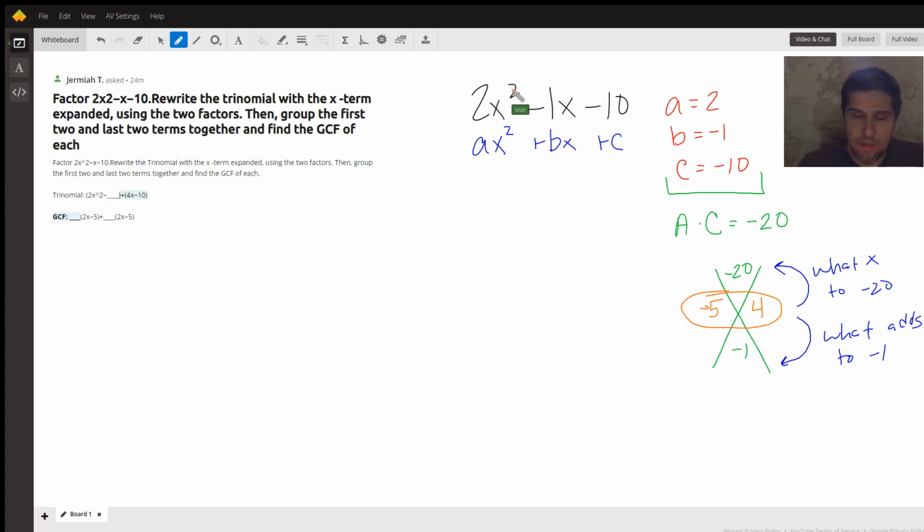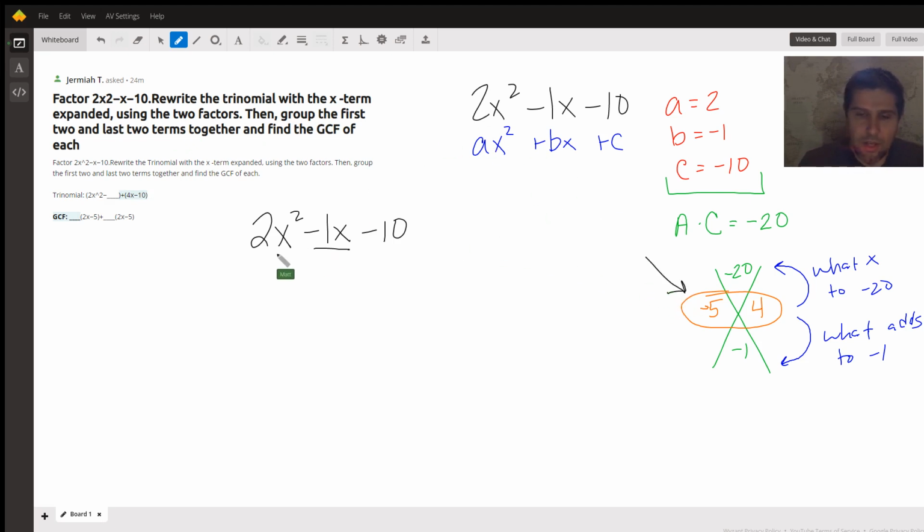That's the first step. Let me write this out again: 2x squared minus 1x minus 10. We're going to take this middle term here. As you can see in the problem, it says rewrite the x term expanded using the two factors. The two factors we are going to use are the ones we just found.